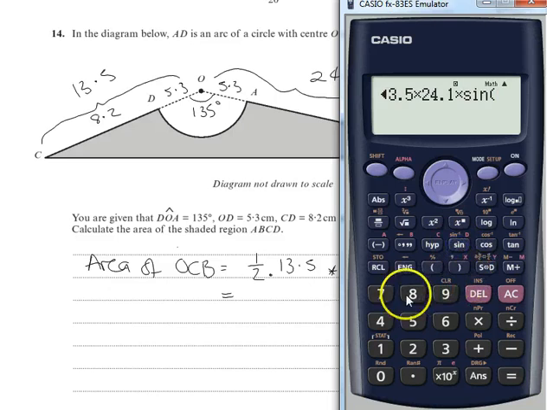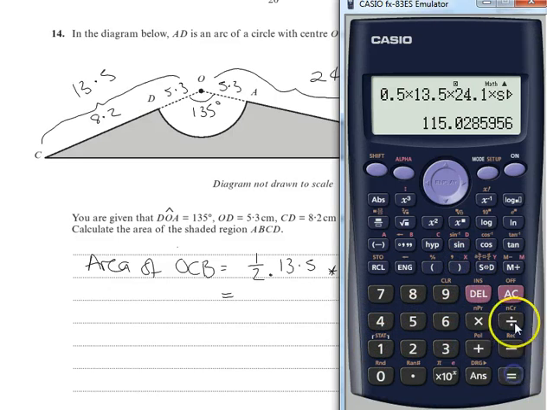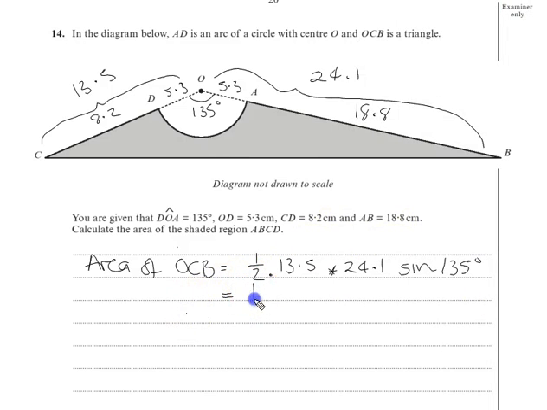Equals 115.03, because the 8 rounds the 2 up to a 3. And it's centimeters, so this would be centimeters squared. That's the area of this whole triangle then.